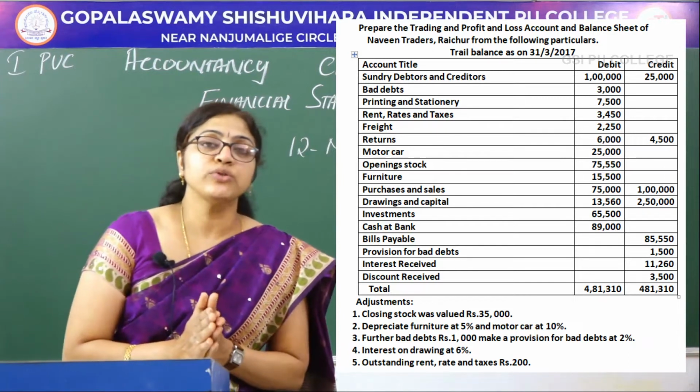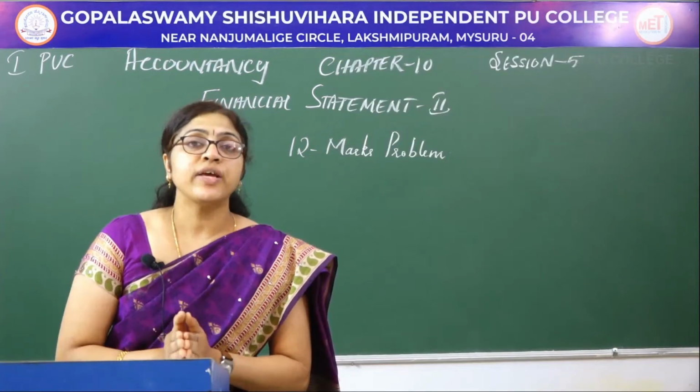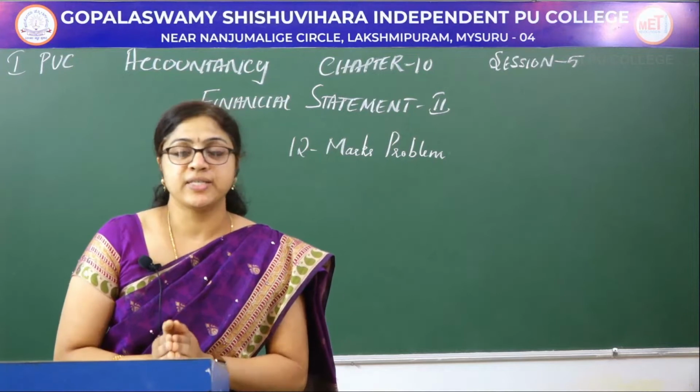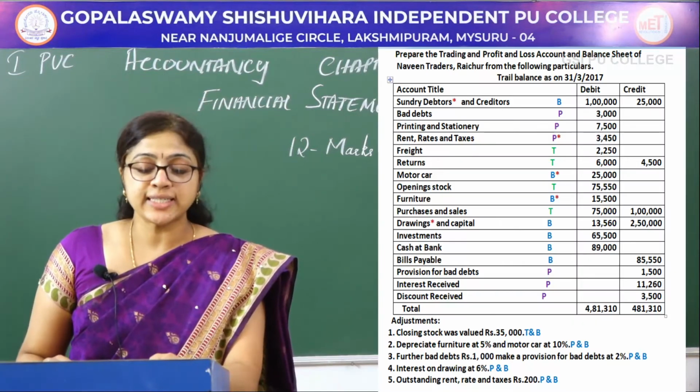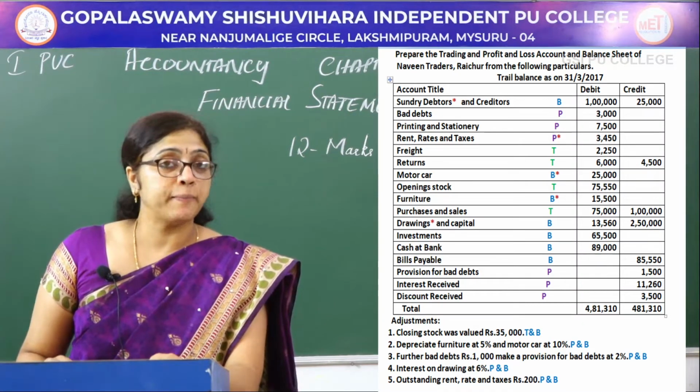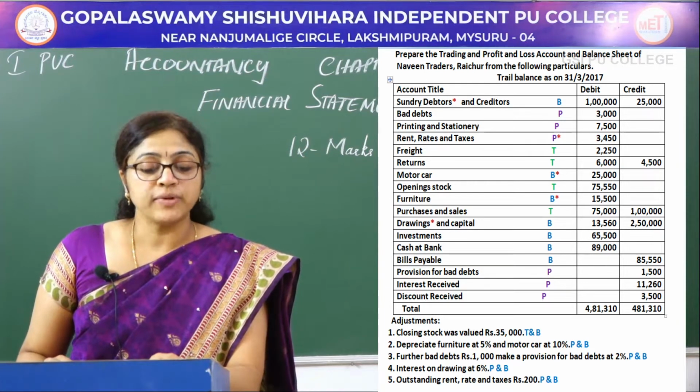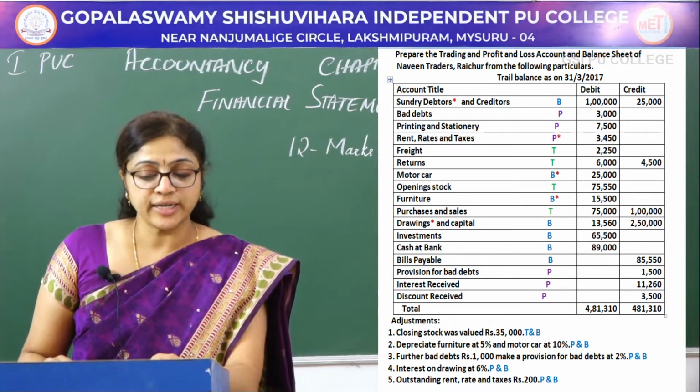So after going through the question, first identify where that particular items appears. So here sundry debtors and creditors, it is recorded in balance sheet. So first column debtors and second column creditors.